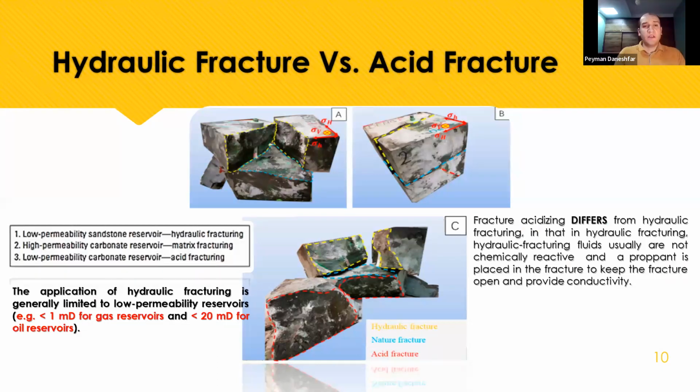The blue one is the natural fracture. The red one is fracture acidizing, which you can identify by the color, from the reaction of the acid with the rock. The yellow one is the hydraulic fracturing that we can do.